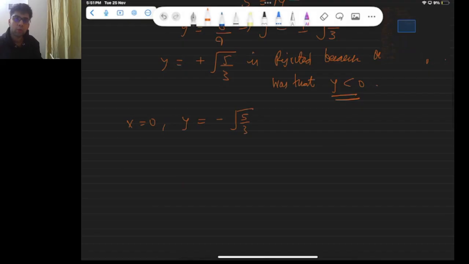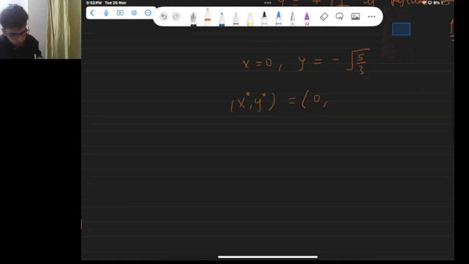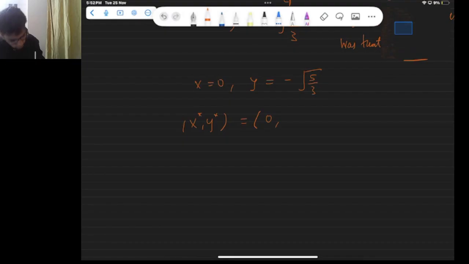So now the two stationary values that I have are (x*, y*) = (0, (1/3)^(1/2)), or 0 comma root 1 upon 3, right?